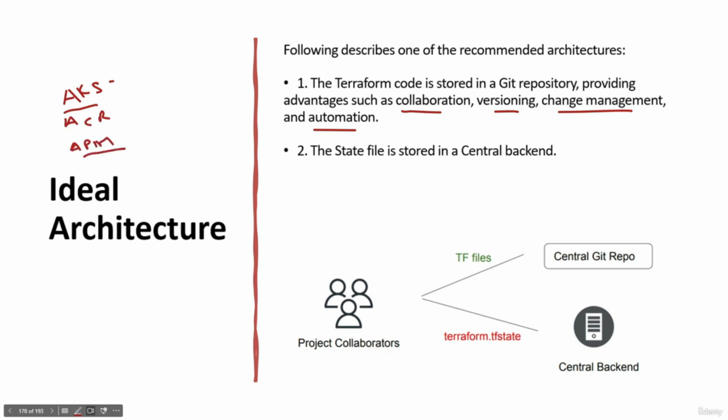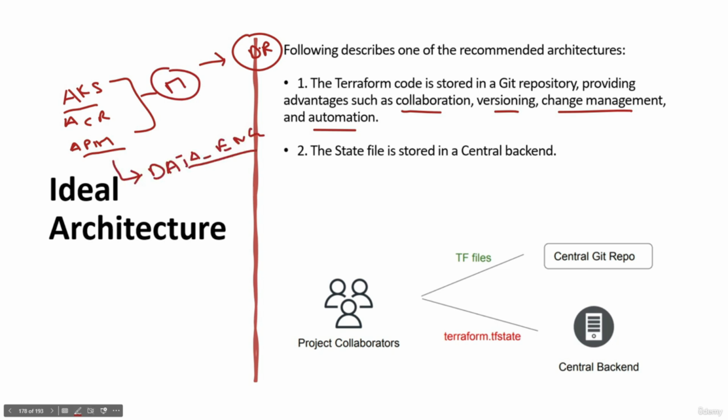For this, we have created a dedicated module, and this module code will be stored in a dedicated repo. And we have a data engineering project, in which we are just calling all these modules and passing the values for it.